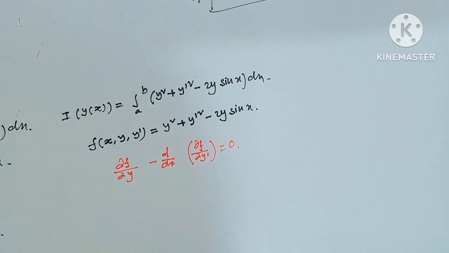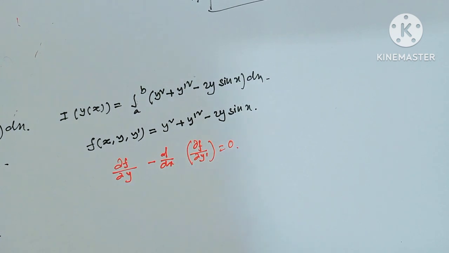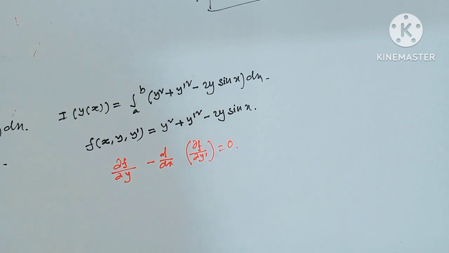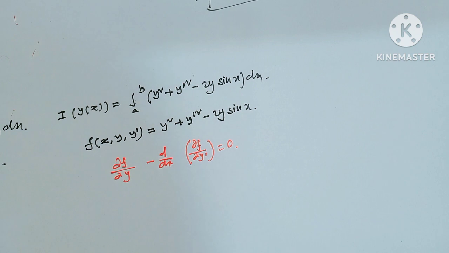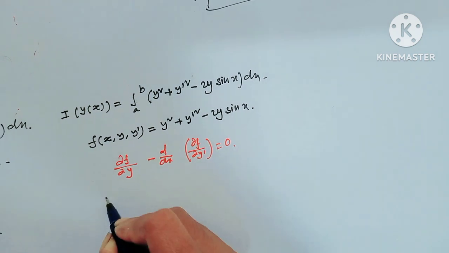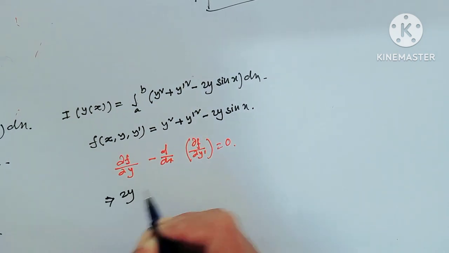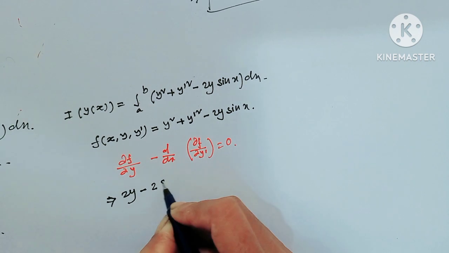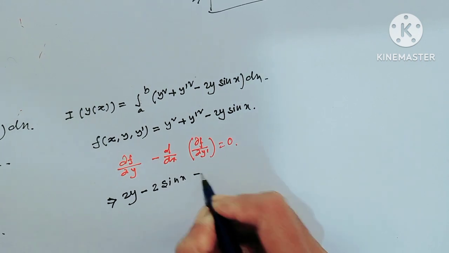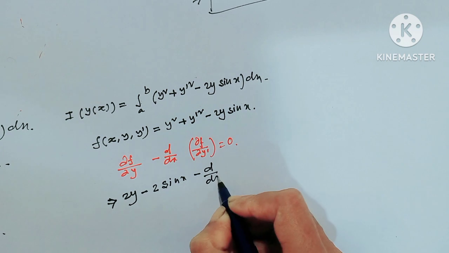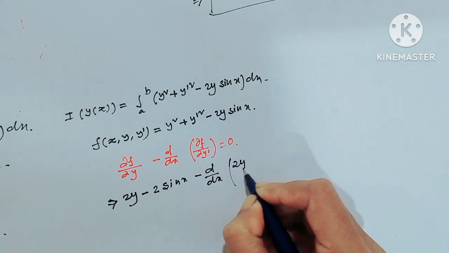Here we have to find the extremal of this functional. The integrand is y square plus y dash whole square minus 2y sin x. The Euler equation is del f by del y minus d by dx of del f by del y dash equal to 0. Del f by del y is 2y minus 2 sin x, minus d by dx of del f by del y dash, which is 2y dash, equal to 0.